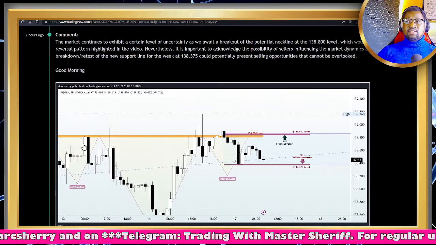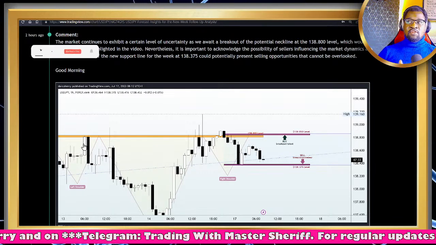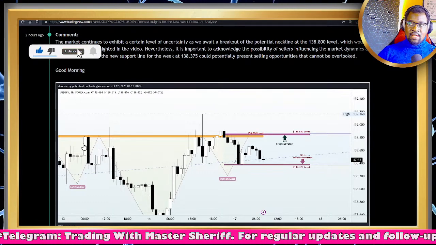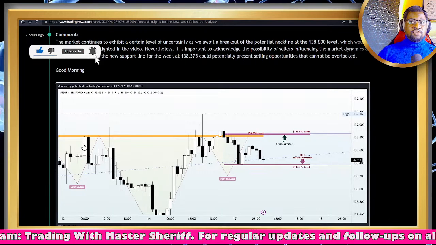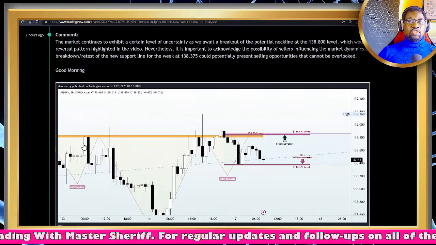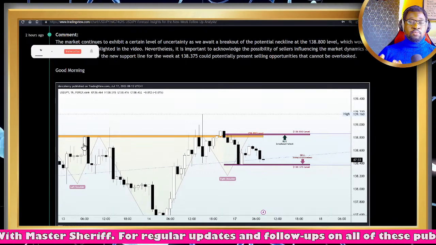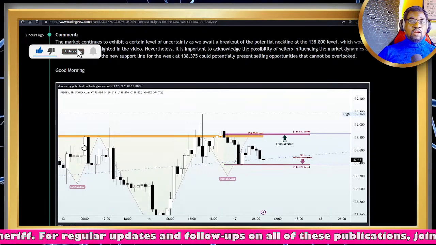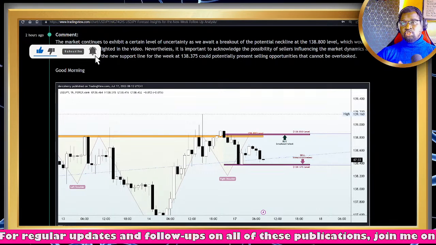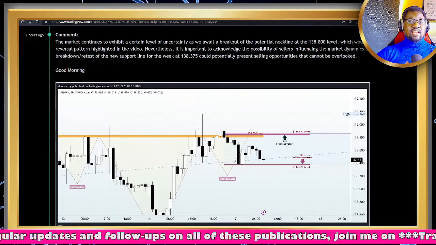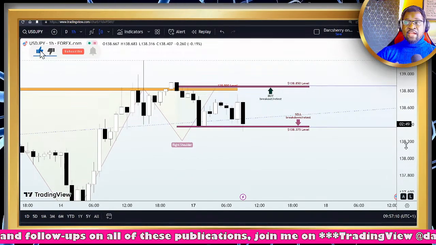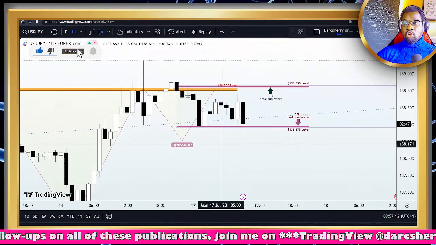Nevertheless, it is important to acknowledge the possibility of sellers influencing the market dynamic at this point. A breakdown and retest of the new support line for the week at 138.375 could potentially present selling opportunities that cannot be overlooked. While trying to decipher what could likely happen today, we identified a range where price action has been caught.